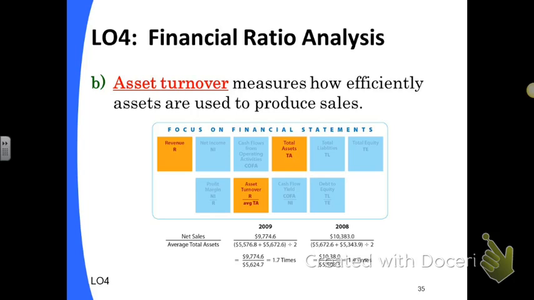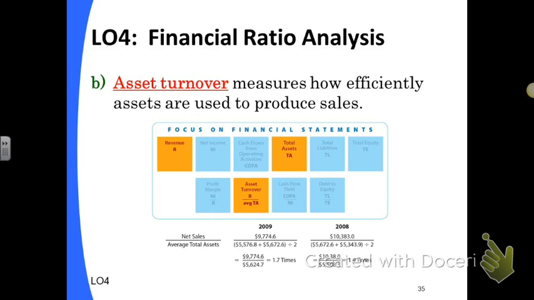And as we can see, this calculation is net sales divided by our average total assets. And our average total assets is calculated by getting our beginning plus our ending assets and dividing them by 2. So what we can see here in 2008 to 2009, if we just isolate the numerator, our net sales, we can see that our net sales went down slightly from 2008 to 2009, and our total average assets increased.